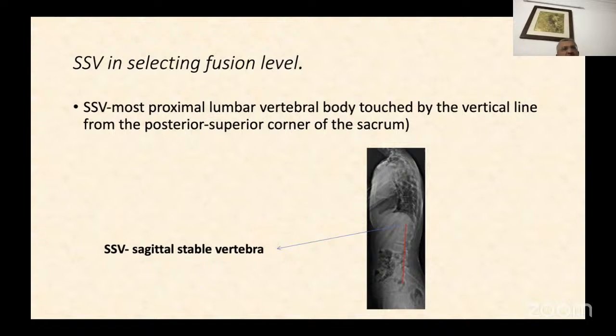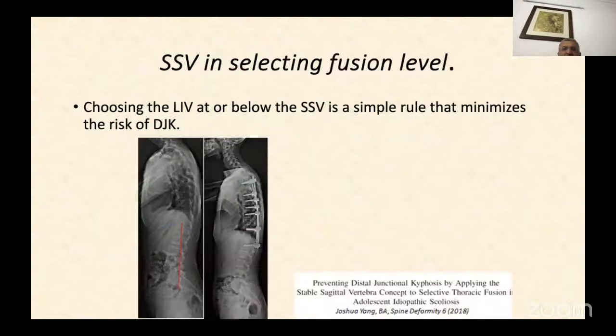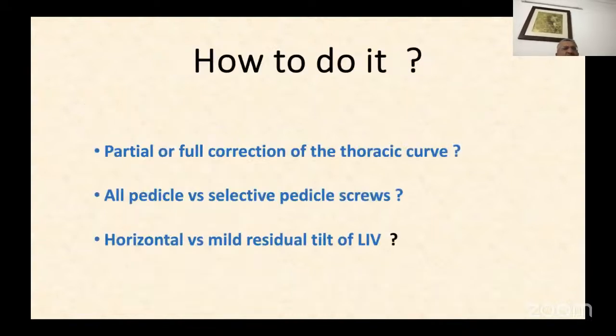Always be careful to look at the sagittally stable vertebra also, to decide the end vertebra in this particular case. Usually, the stable vertebra in the coronal view will also be a stable vertebra in the sagittal view. If not, the chance of DJK, or distal junctional kyphosis, will be more. Once you have selected your upper end vertebra in a usual right thoracic curve, it usually will be T4 for me, and the lower level usually will be L1 for me.